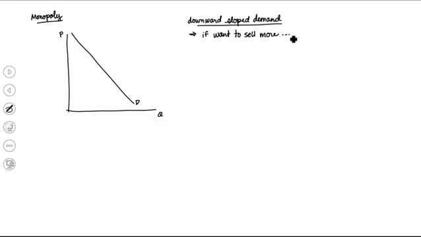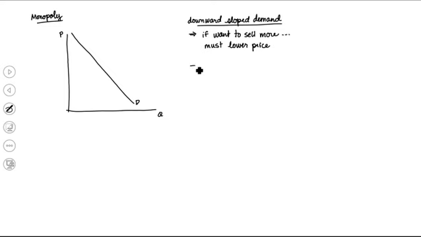What does this demand curve being downward sloping tell us? If I want to sell more, what do I have to do? What do I have to do to my price? Lower my price. So if I want to sell more, I must lower price.